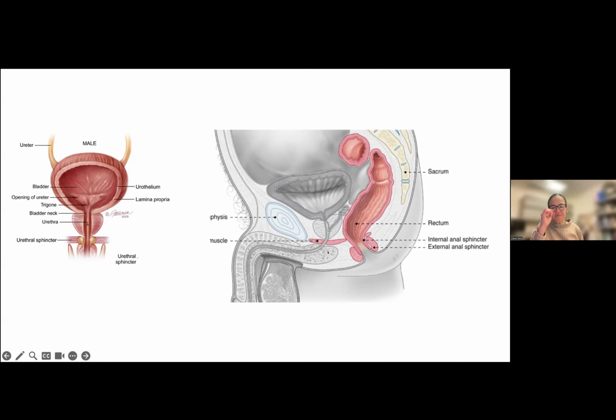And in classic teaching, any urinary symptom in men is due to the enlarged prostate. But we know that not to be true now. But there's still that idea that an enlarged prostate is the root of all voiding symptoms in men.